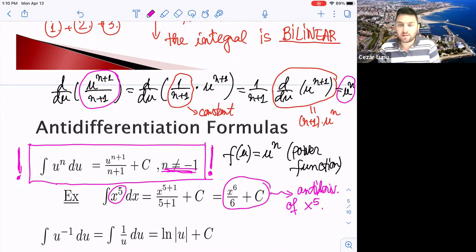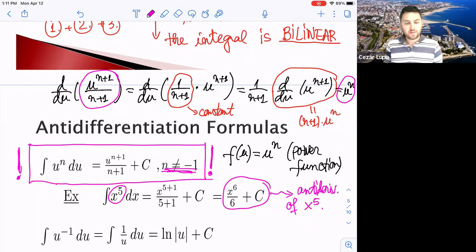Well, it's not as you would expect to be some kind of a power function multiplied by some constant. So in this case, we will have to deal with the logarithm. Look here. So the integral of u to the power -1 du, and of course you can write u to the -1 as 1 over u du, right? So you can do that.